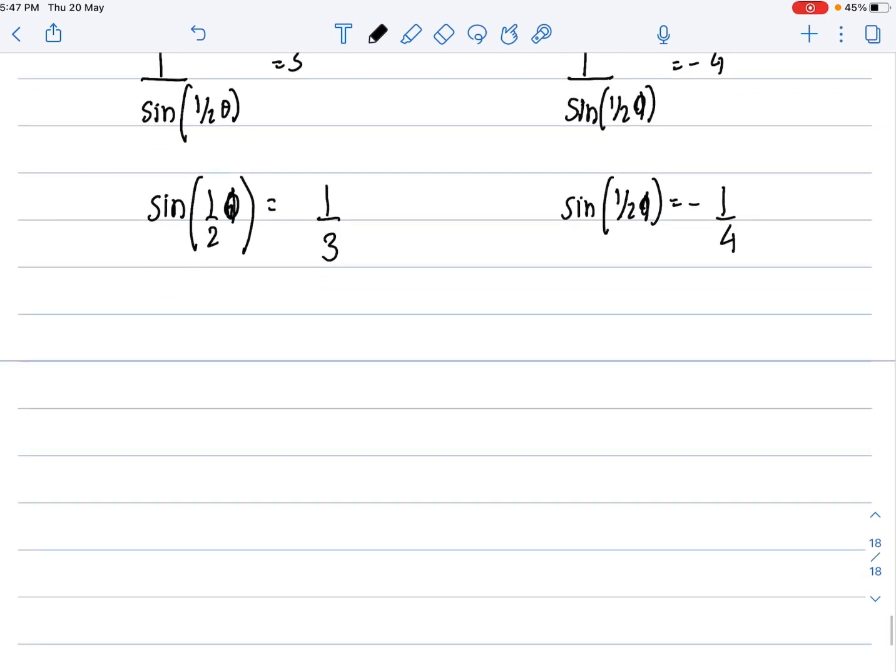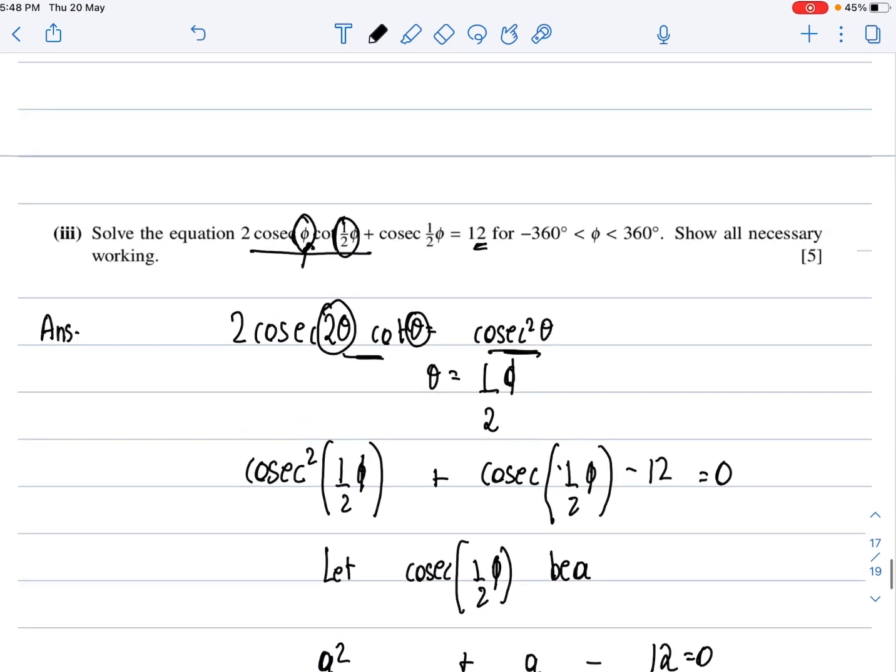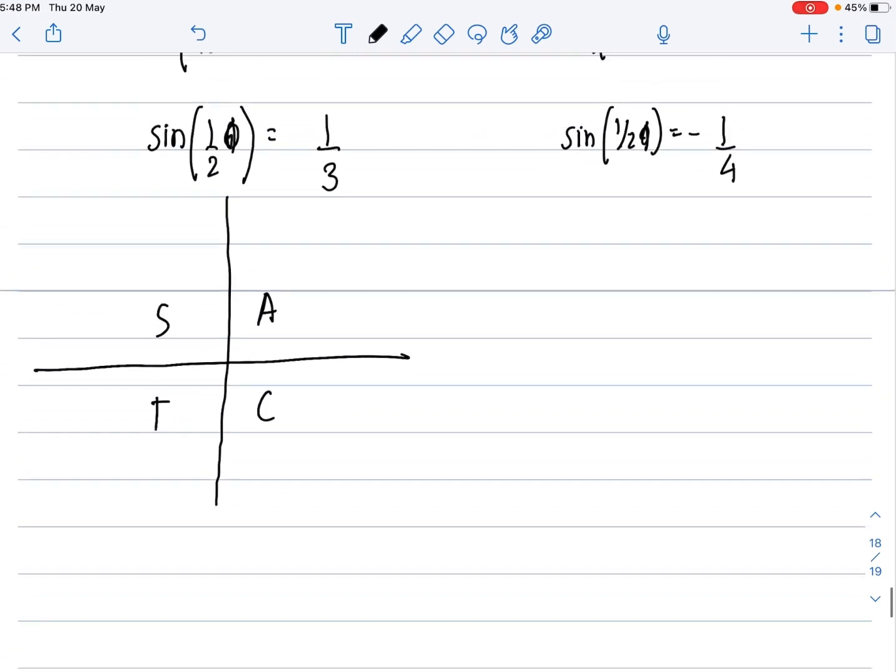So now let's look at this first. So this is my basic ASTC curve. I know my domain is from minus 360 to 360 degrees. So where is sine positive? Sine is positive in the A and sine is positive in S. So I know this is theta and this should be 180 minus theta.